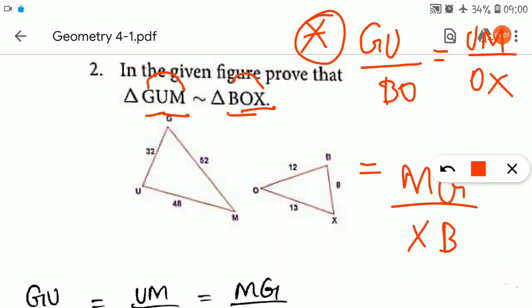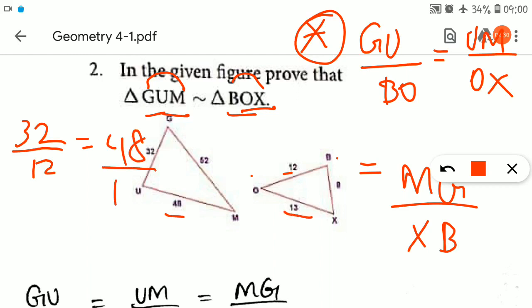For example, GU is here. Now look here, GU is 32 and BO is 12. So you are going to substitute the values. 32 by 12 is equal to UM by OX. The value of UM is 48. So 48 divided by OX. OX value is 13.